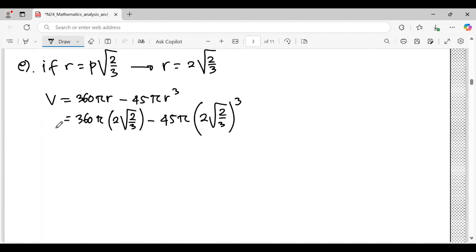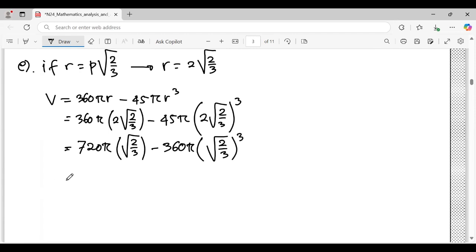Okay, so it becomes 360 times 2, 720 pi square root 2/3, minus 45 times, 2 cubed is 8, so 45 times 8, 360 pi square root 2/3 cubed.